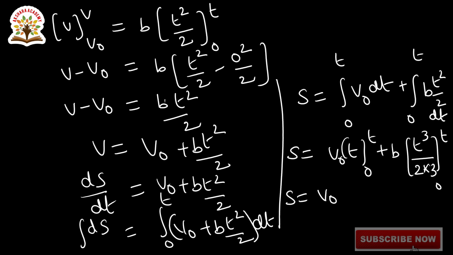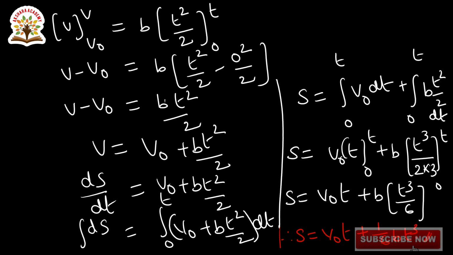Now we are applying the limits, upper limit minus lower limit. In place of t substitute t. So t minus 0, plus b of t cube by 2 into 3 is 6, minus the lower limit 0, nothing but 0. So the final answer is, therefore, s is equal to v0 t plus 1 by 6 b t cube. Okay.